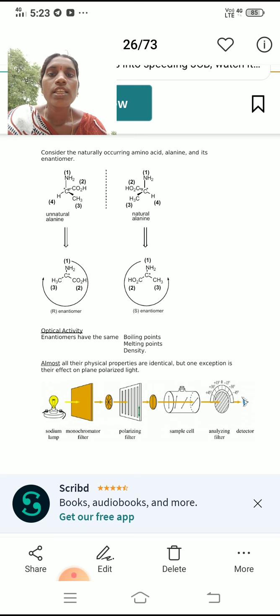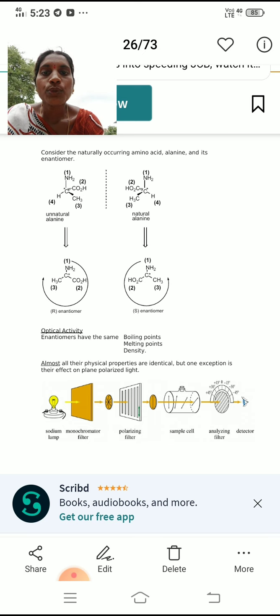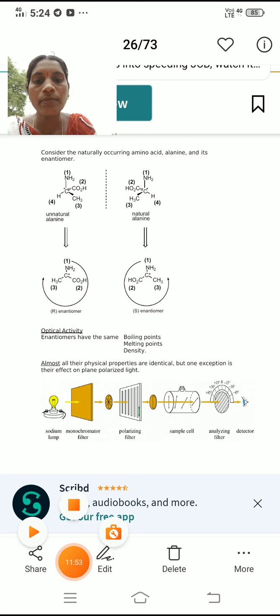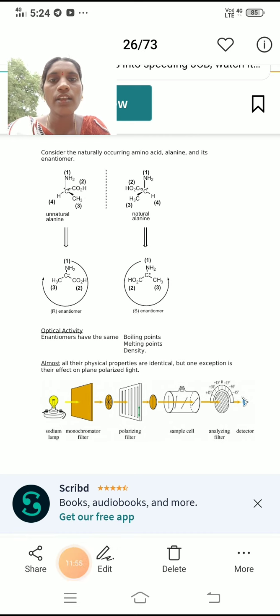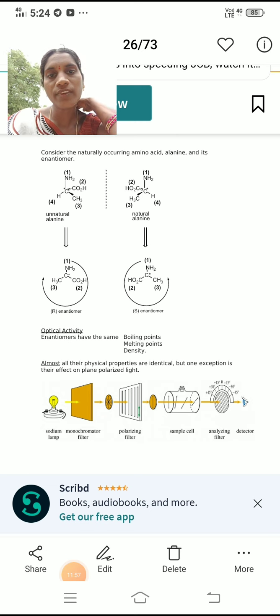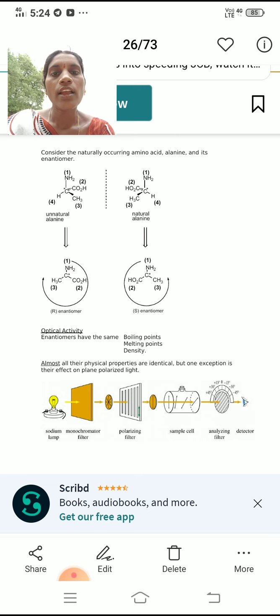Once these priorities are connected through 1, 2, 3, they rotate in a clockwise direction, so that configuration is given as R. The second enantiomer is L-alanine.